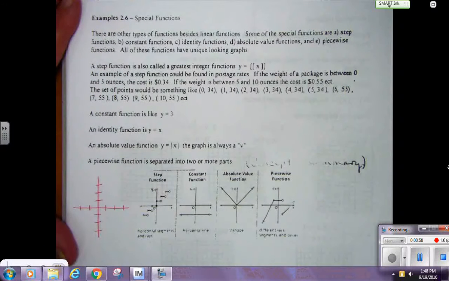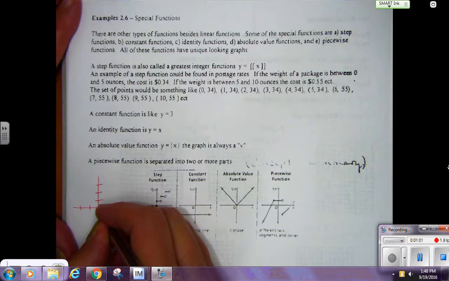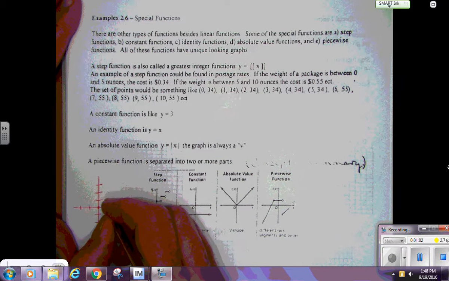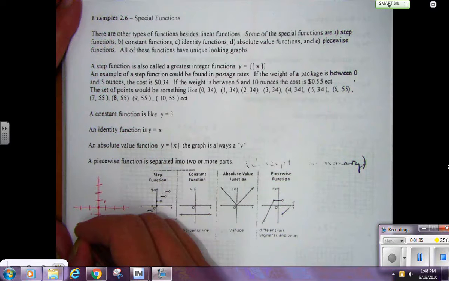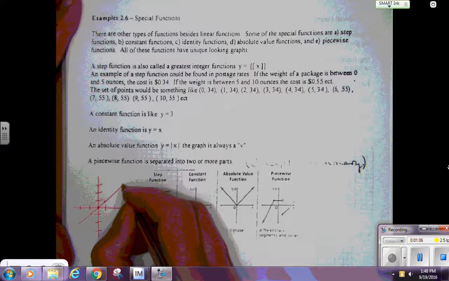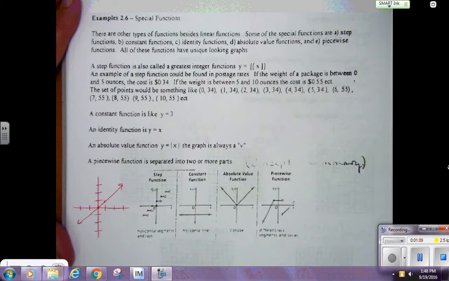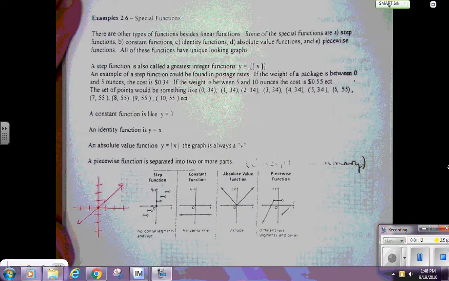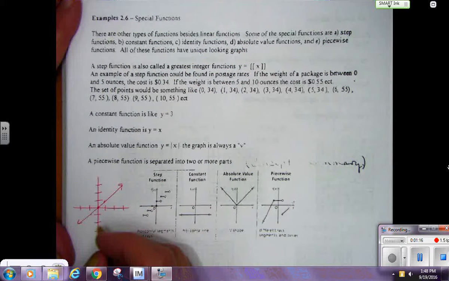That's the parent graph because it's the simplest kind of identity function. Every other line is a variation of it, shifted off the origin. But this is your parent graph for an identity function.